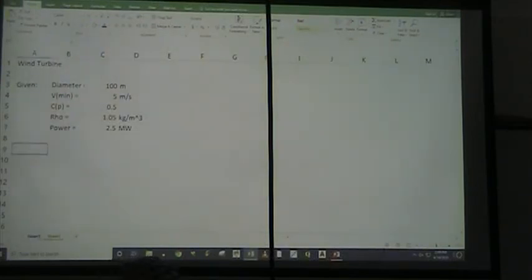All right, well, we know that our ideal power is equal to 1/2 rho times velocity cubed times area.